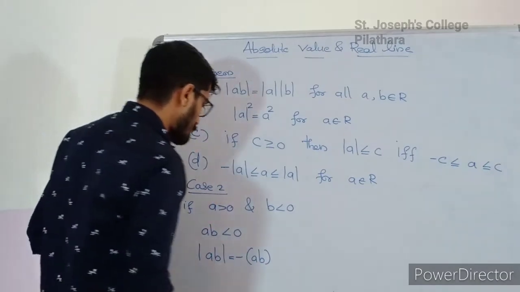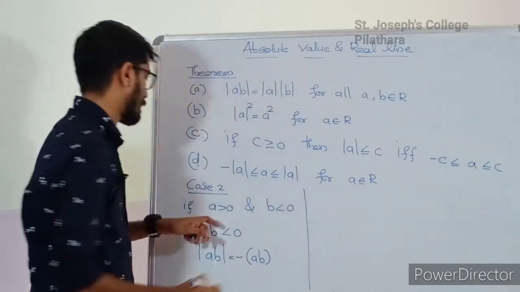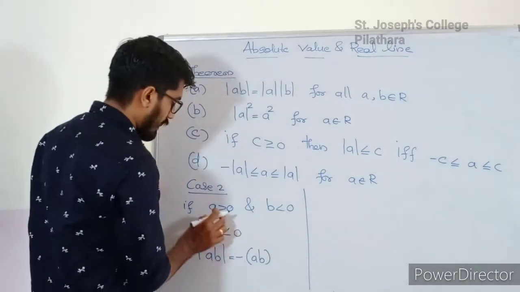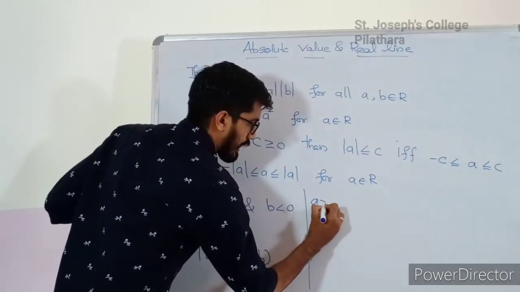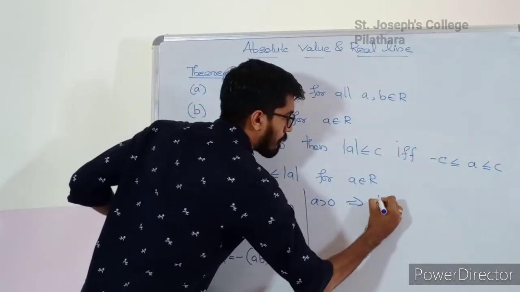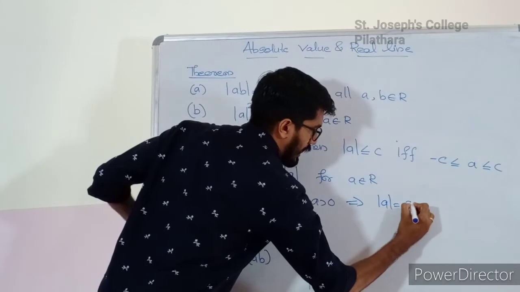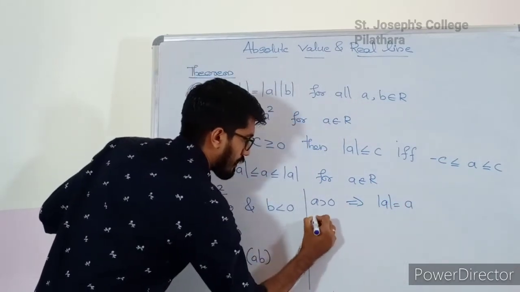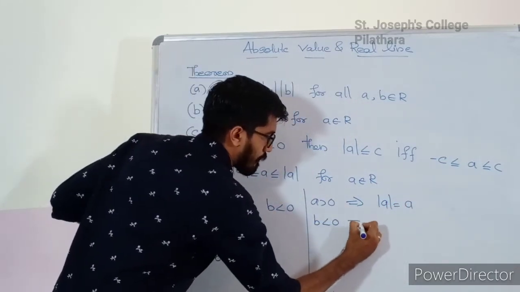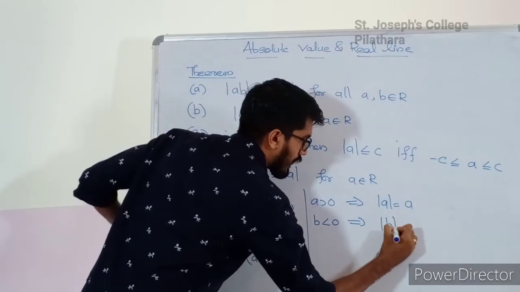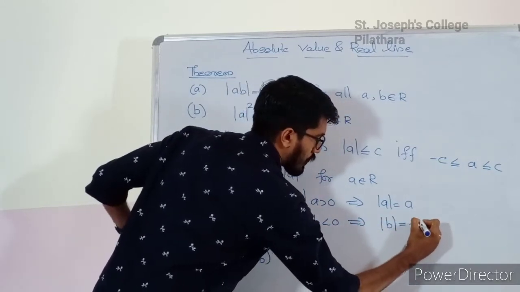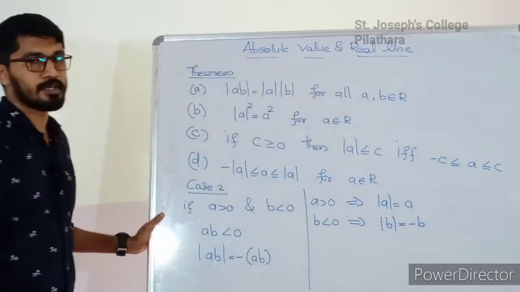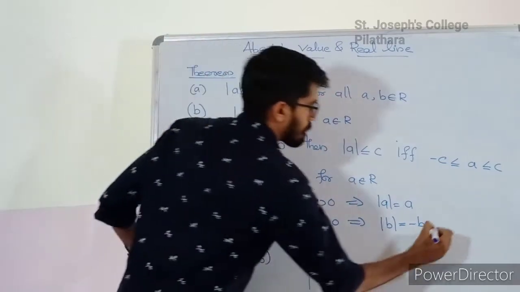Okay. A greater than 0 implies modulus of A equal to A. B less than 0 implies modulus of B is equal to negative of B, from the definition.